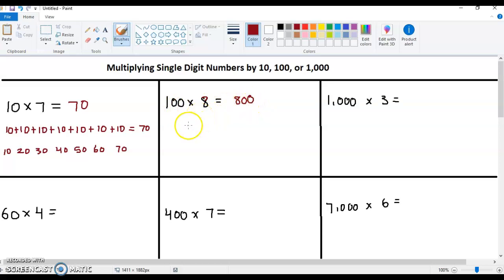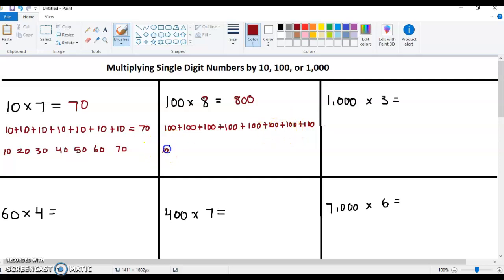And if you're not sure about this, again, you could take the number 100 and add it to itself using repeated addition 8 times. Hope I can squeeze these in here. Starting to write smaller and smaller. 1, 2, 3, 4, 5, 6, 7, and one more. So there's the number 100 added 8 times.